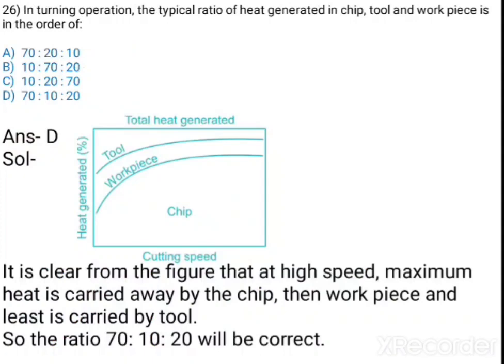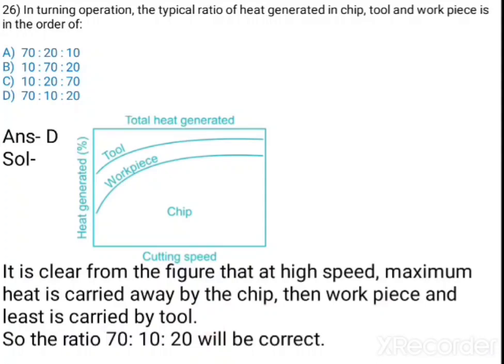Now question 26. In turning operation, the typical ratio of heat generated in chip, tool and workpiece is in the order of. This is a theory oriented question. In the figure, cutting speed versus heat generated is given for the tool, workpiece and chip. It is clear from the figure that at high speed, maximum heat is carried away by the chip, then the workpiece, and the least by the tool.